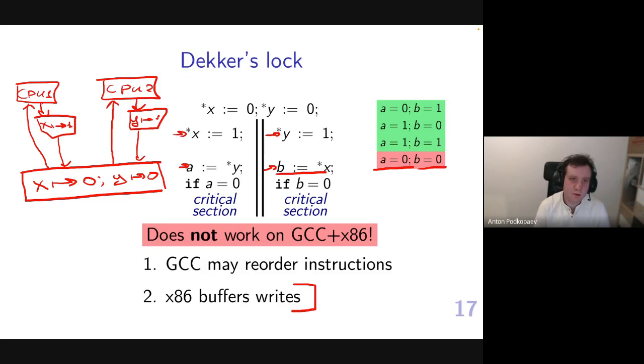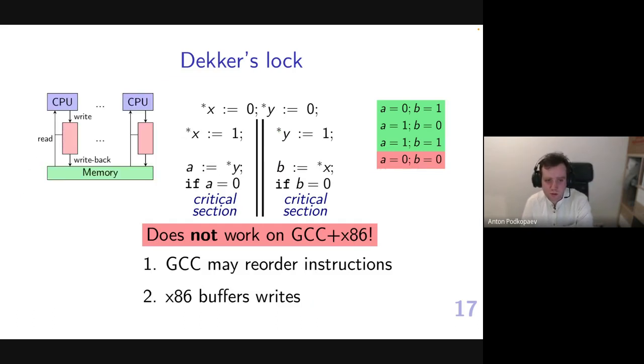And then later, CPU 1 might flush its buffer. And the same could happen with the write thread. So now we need to somehow forbid x86 from buffering writes in this particular case, and there is a way to do so.